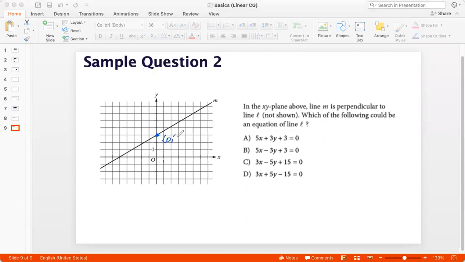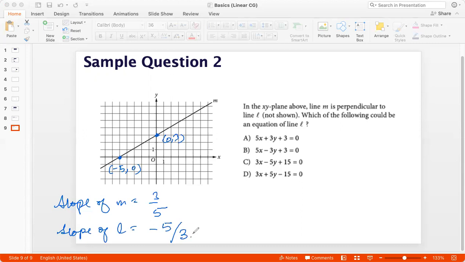This is (0, 3), and this is (-5, 0). So the slope of line M would be 3 by 5, right? So the slope of line L will be negative 5 by 3, the negative reciprocal of the slope of M, since M and L are perpendicular.